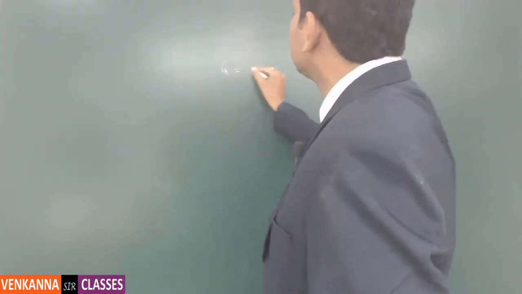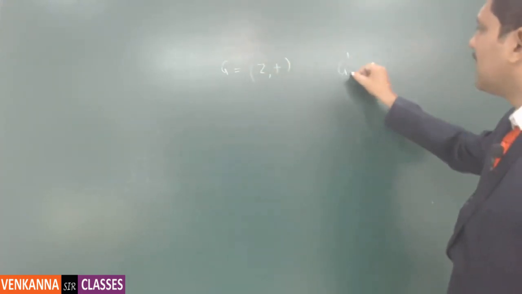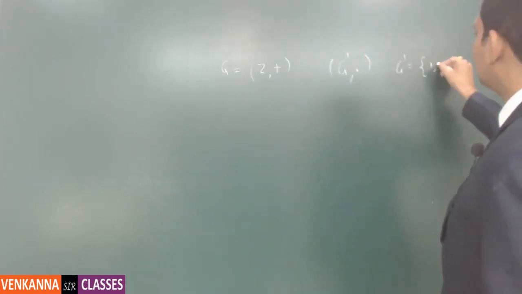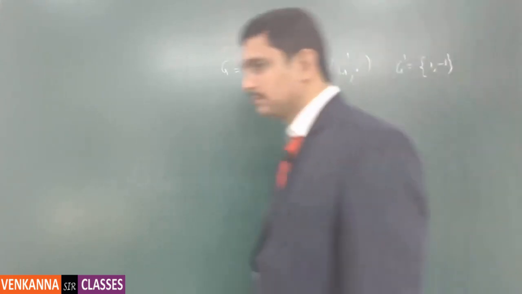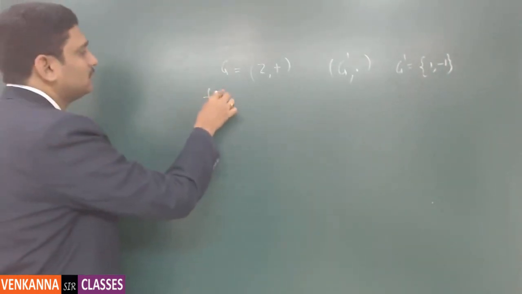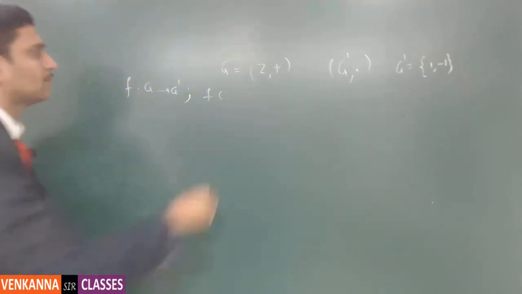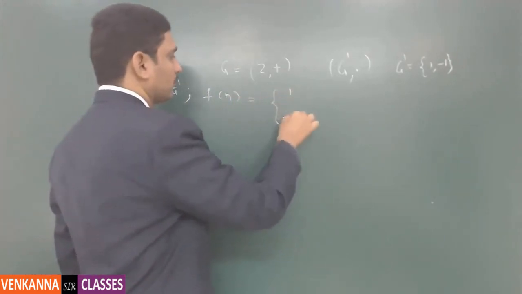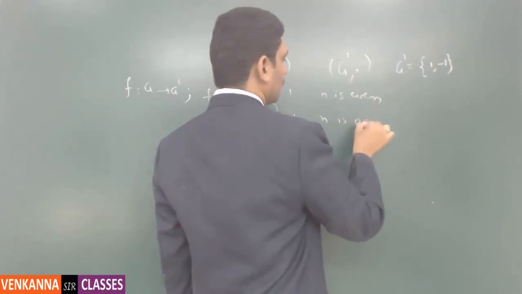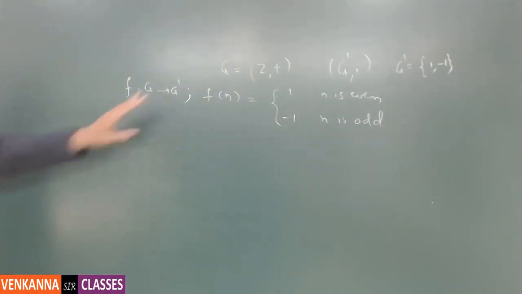Take the group as Z comma plus and another group as G dash comma dot. G dash is nothing but having two elements 1 and minus 1. Now the function is defined in such a way that, so in this way I have defined the function.